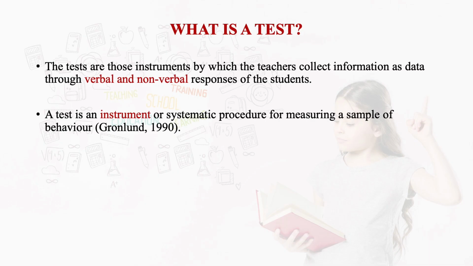And further we can say that a test is an instrument or systematic procedure for measuring a sample of behavior. This definition is given by Gronlund, 1990. Gronlund focuses on a test being an instrument or systematic procedure for measuring a sample of behavior.